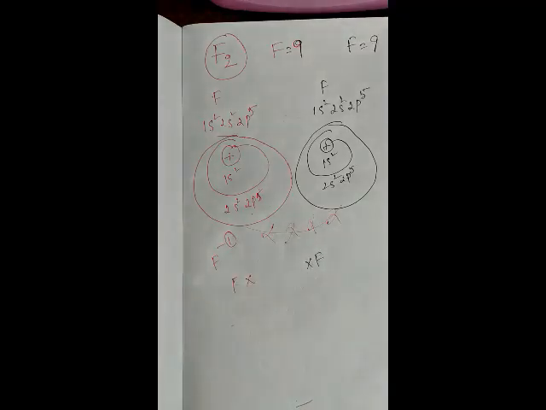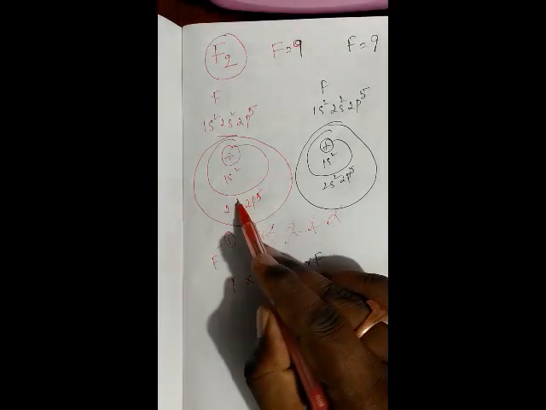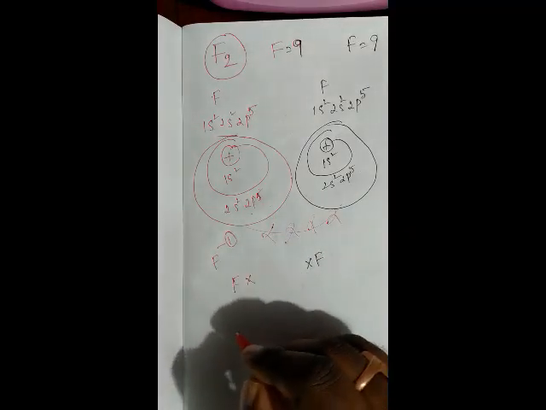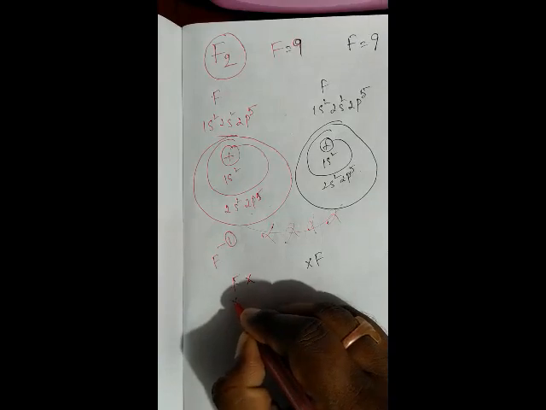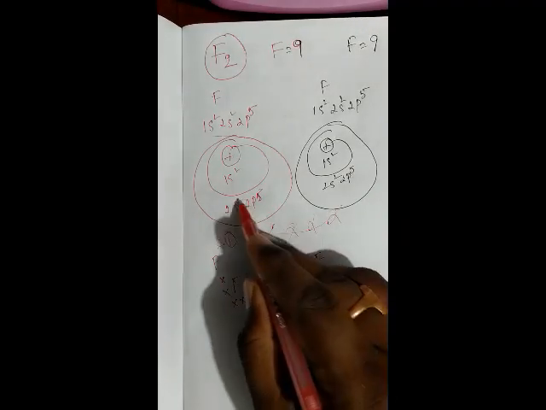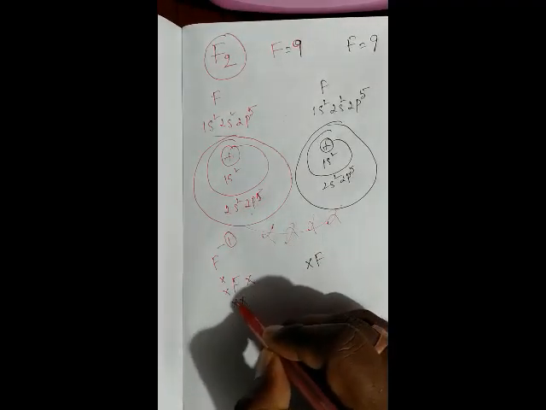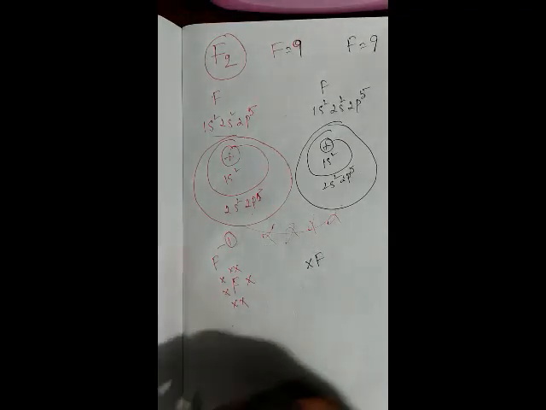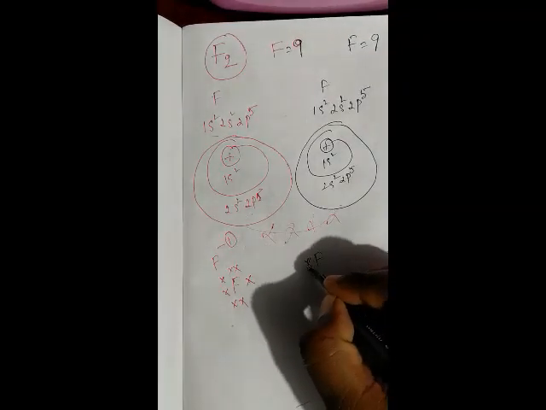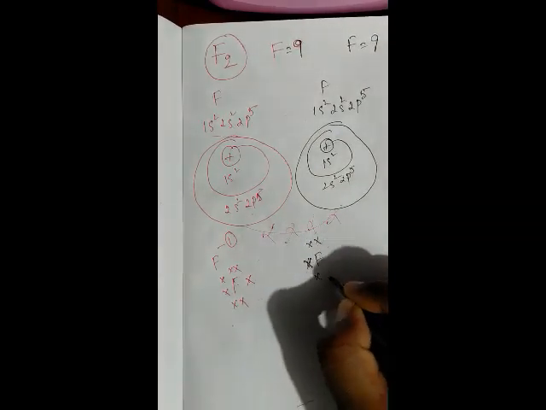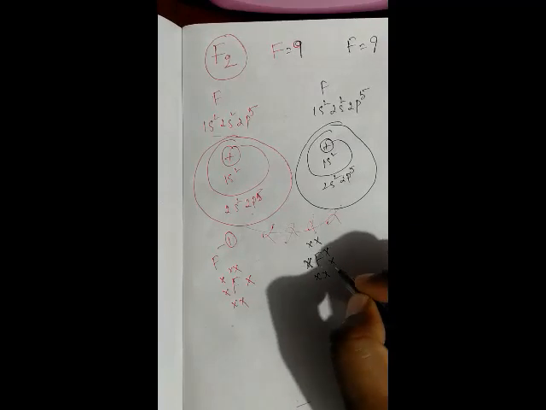And in the outermost orbit, 2 plus 5, 7: 1, 2, 3, 4, 5, 6, 7. Next, the same for the second atom: 1, 2, 3, 4, 5, 6, 7.